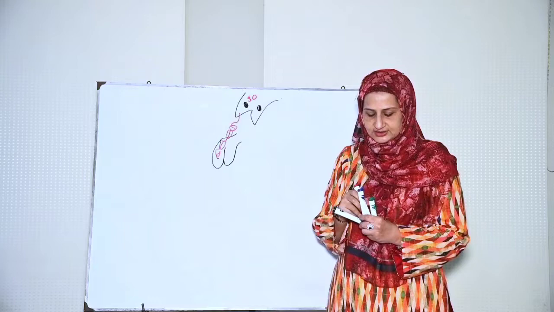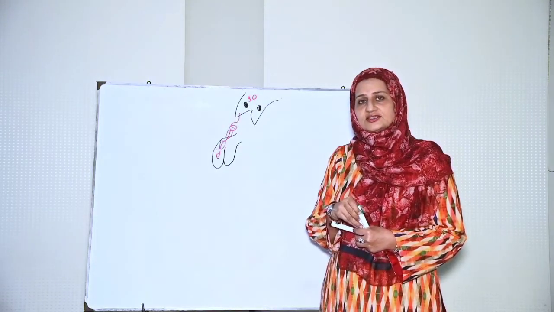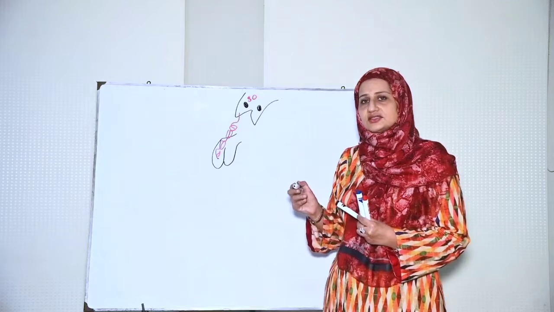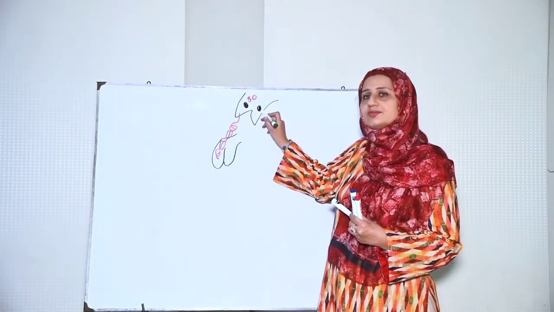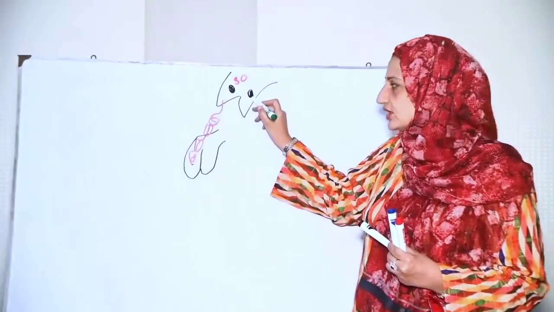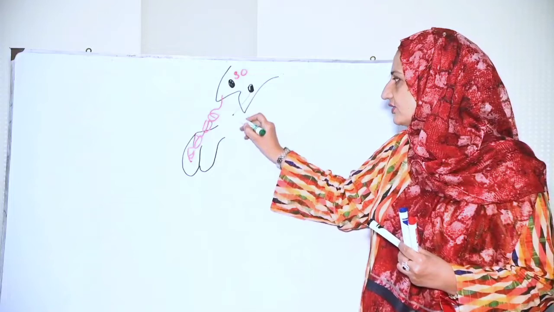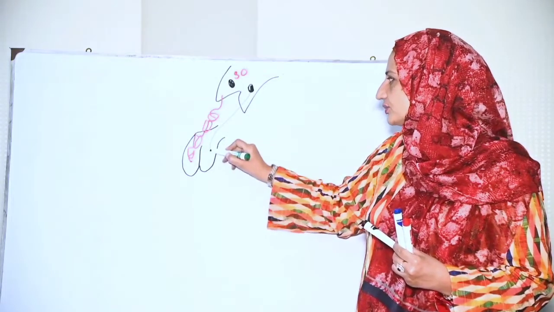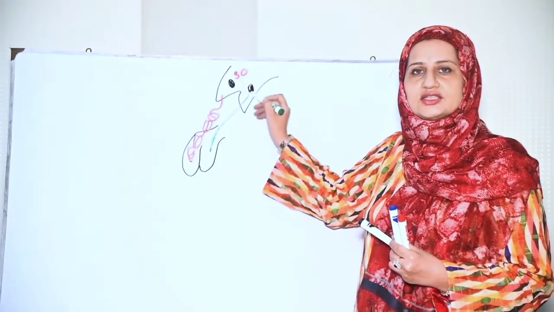On the other hand, the posterior pituitary is affected by the factors and hormones synthesized in the paraventricular nucleus and reaching the posterior pituitary through nerve fibers which connect the two.